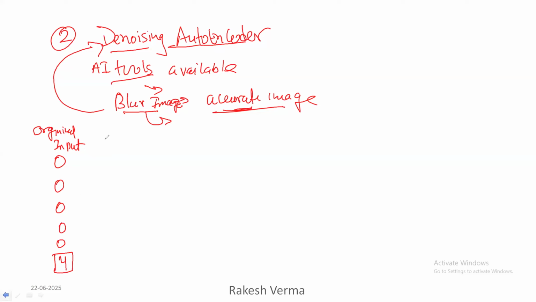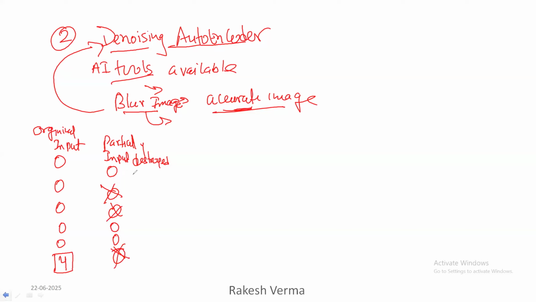Suppose this image data is destroyed, so some features are removed, like this feature is destroyed, and similarly another is also removed like this.